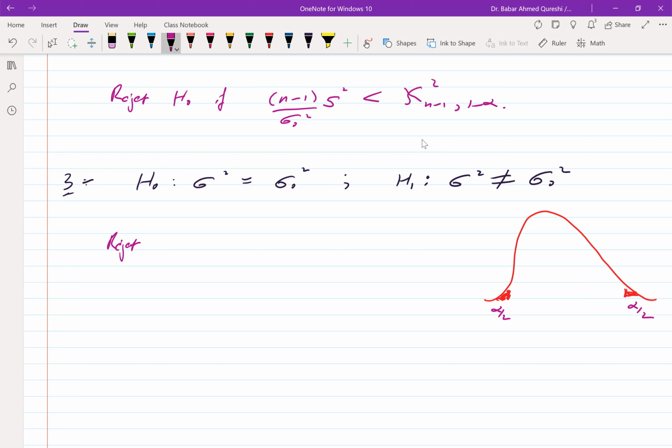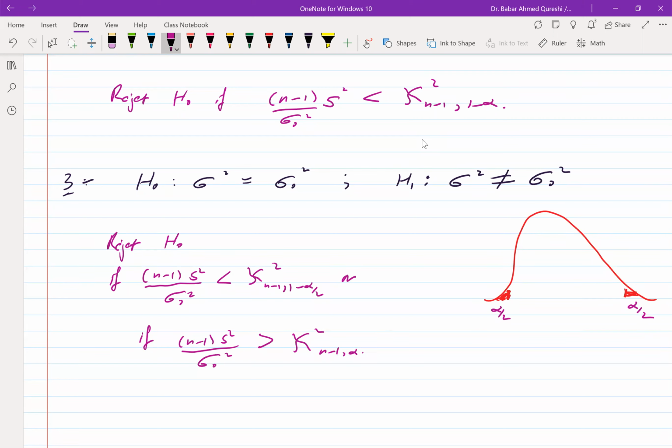So you can reject H naught, using the above formulas, if this is less than chi square n minus 1, 1 minus alpha by 2, or if this is greater than alpha by 2.